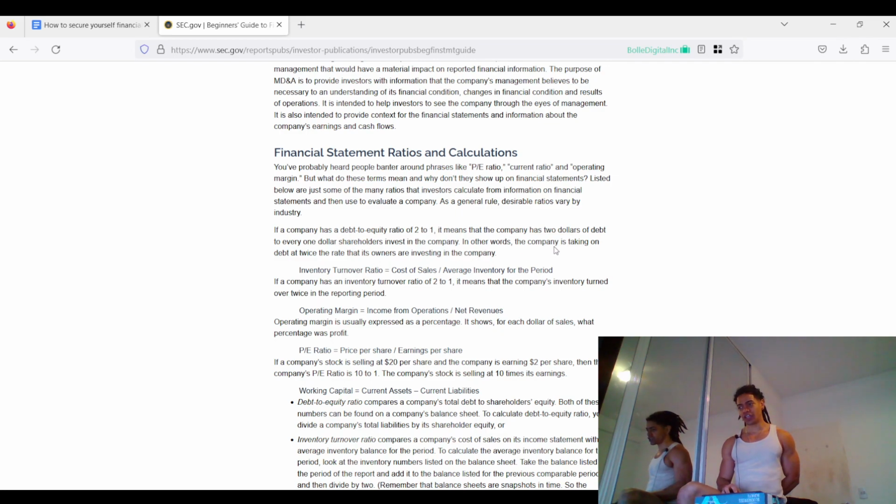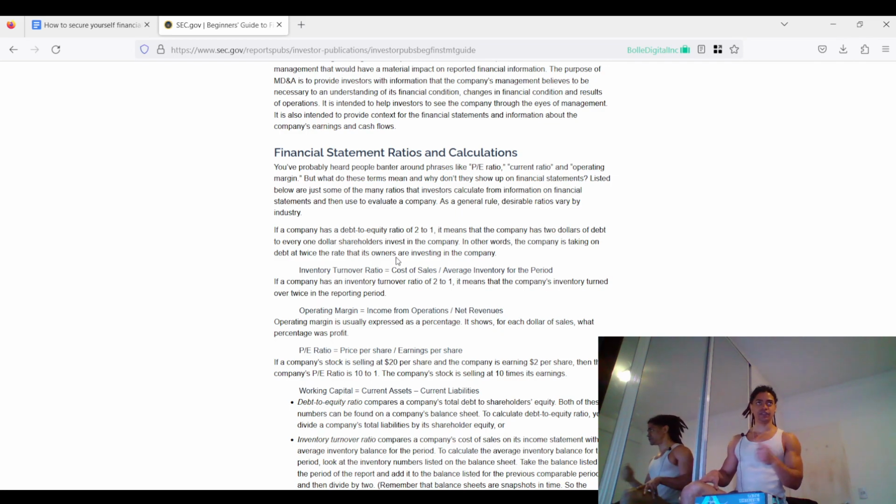So in other words, the company is taking on debt at twice the rate than it is owner-invested. If the debt to equity ratio is that, the company is taking twice as much.